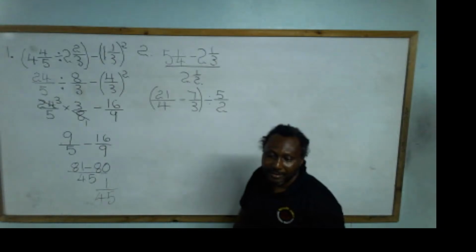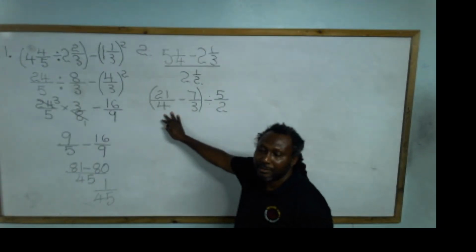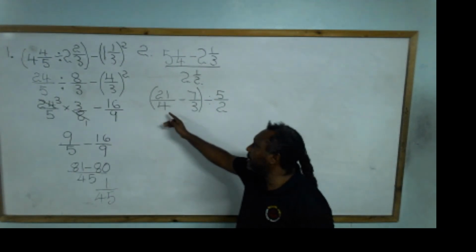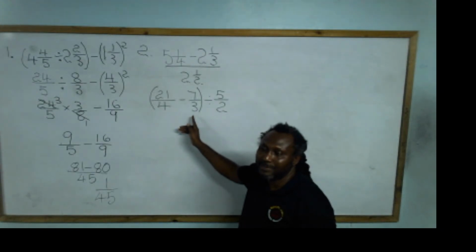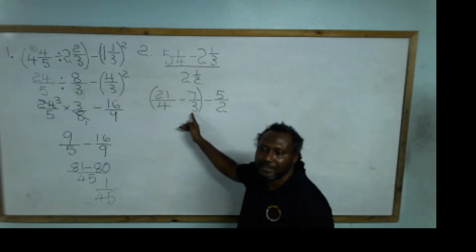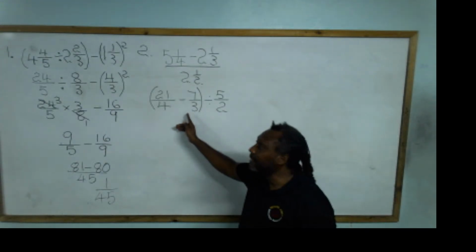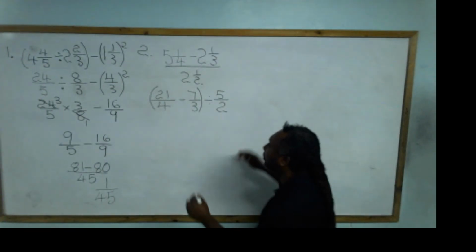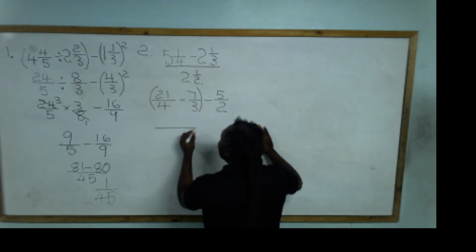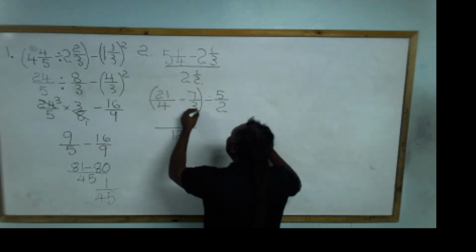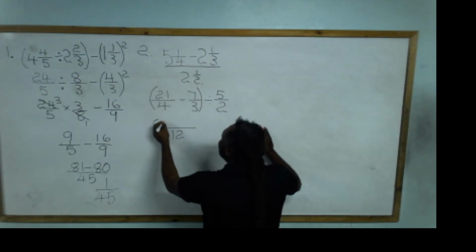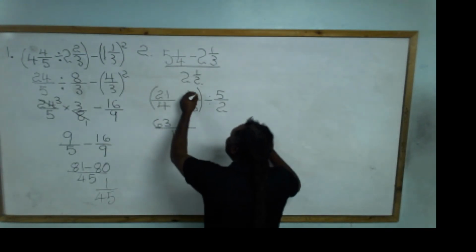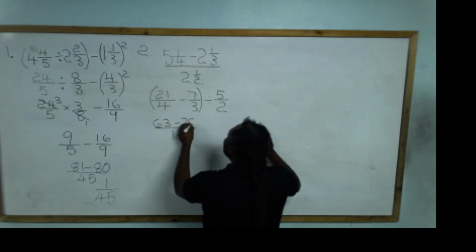And of course, you know this one, we can run this out very quickly because there is no common prime factor right here. Because there is no common prime factor, what do we do? 4 3s, 12. 21 times 3 will be 63. And 4 times 7 will be 28.